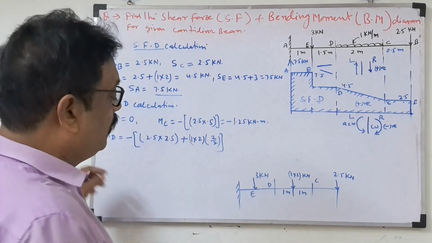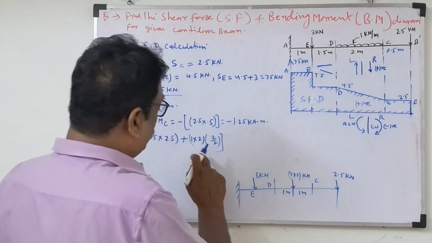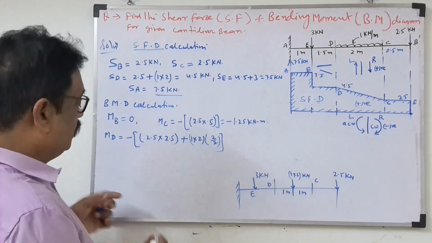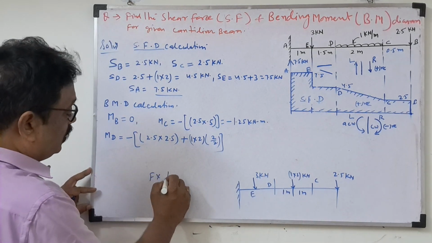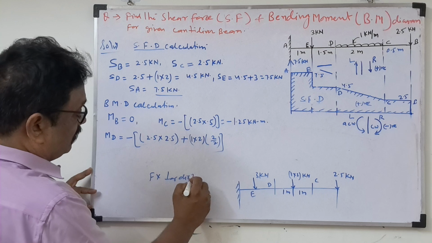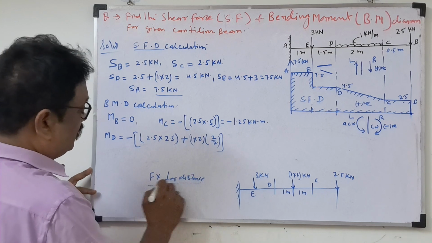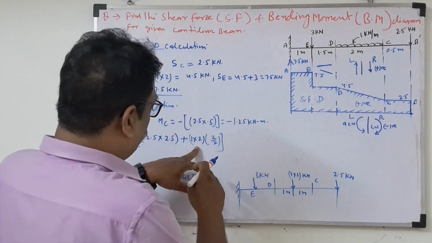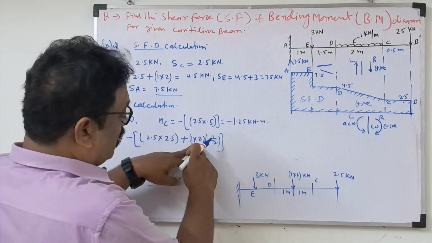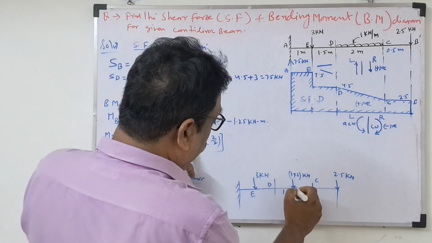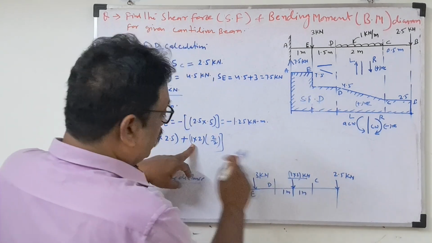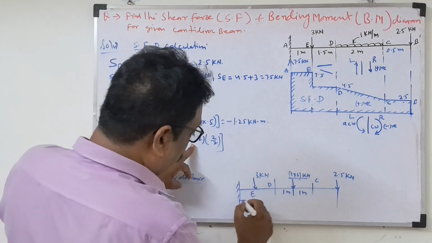This will be helpful when taking the moment. Now look here, moment is equal to nothing but force into perpendicular distance. If someone does not understand here, see this for the UDL: load into perpendicular distance.